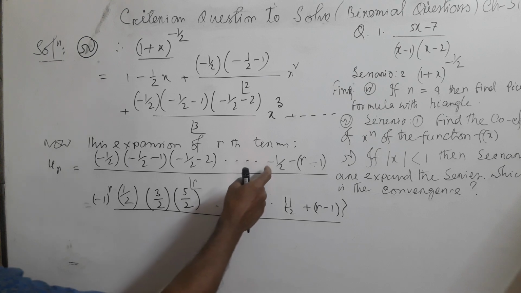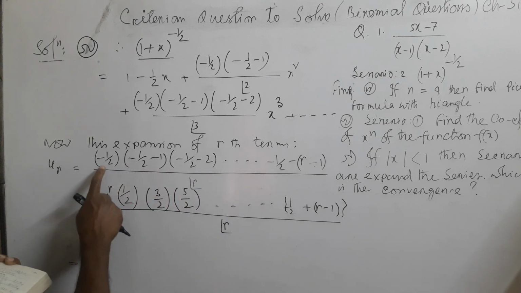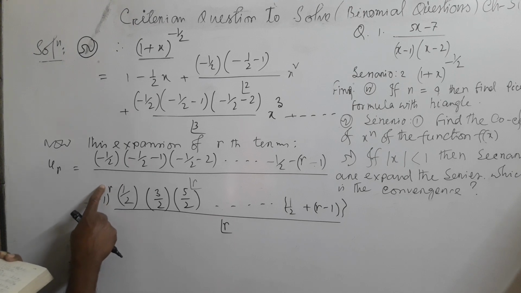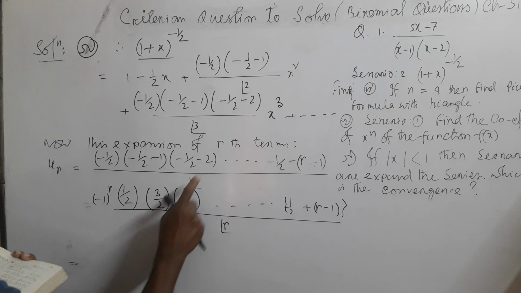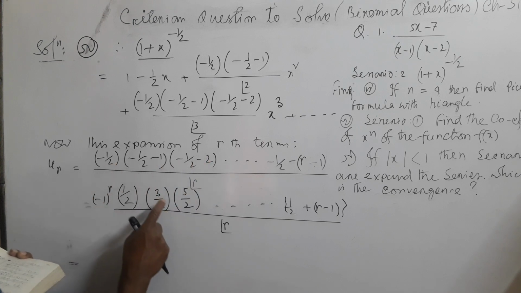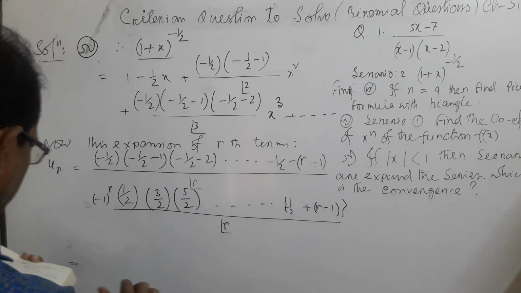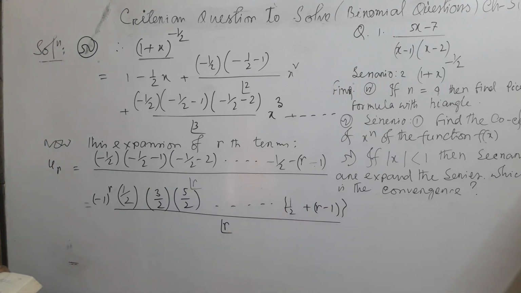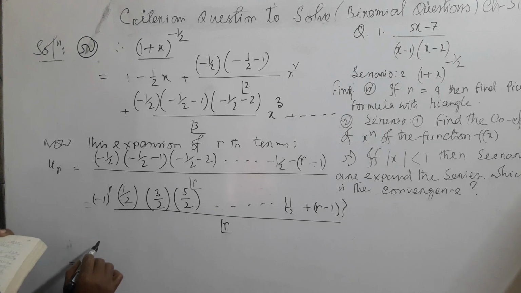All negative signs are common, then minus 1 to the power r and half, 3 by 2, 5 by 2, and half minus r minus 1. So this is the u r.